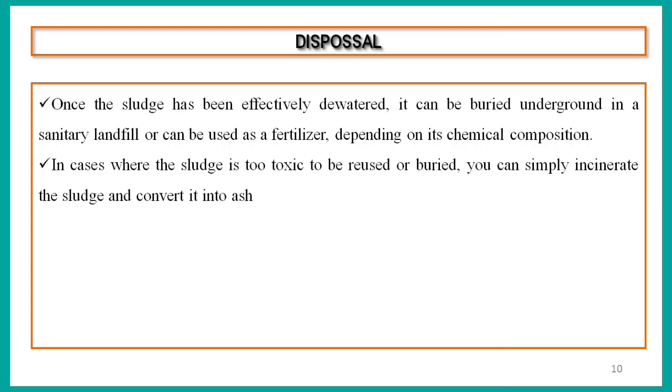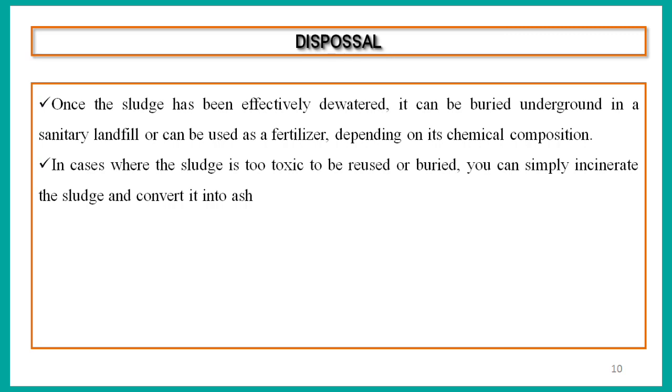So these are the processes used in sludge treatment. The first is thickening, the second is digestion, the third is conditioning, the fourth is dewatering, and the fifth is incineration.